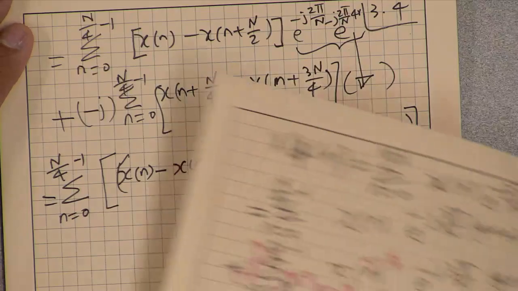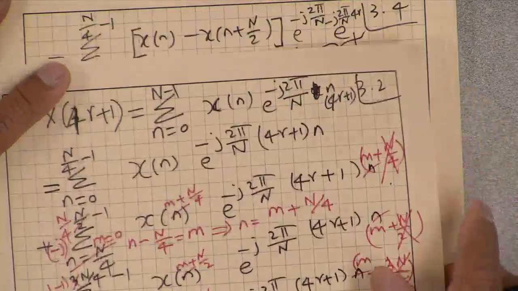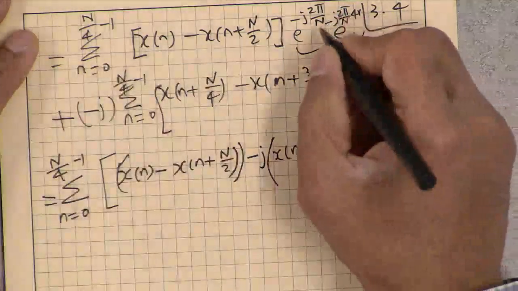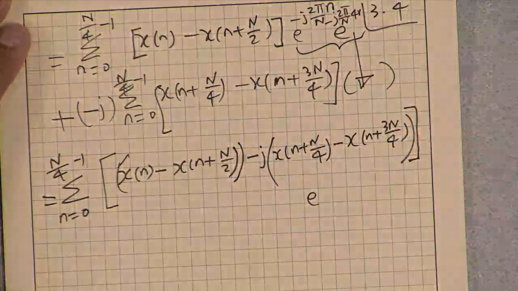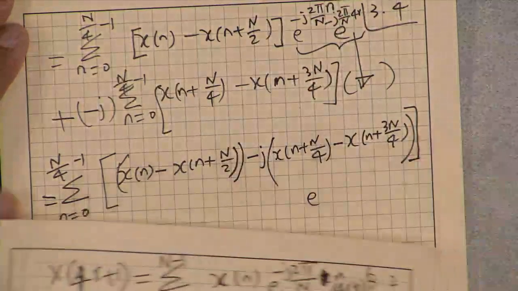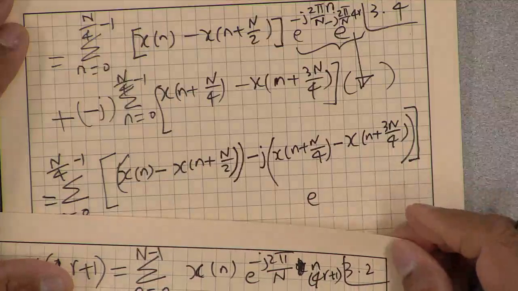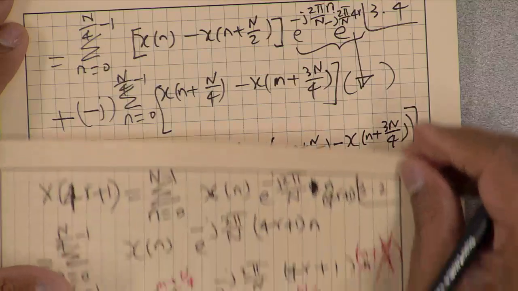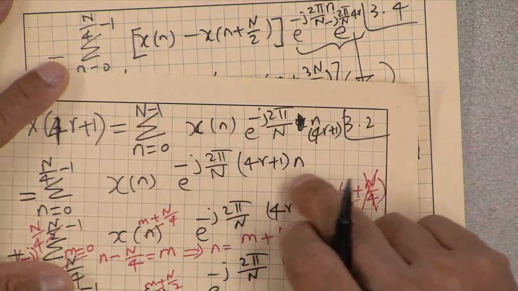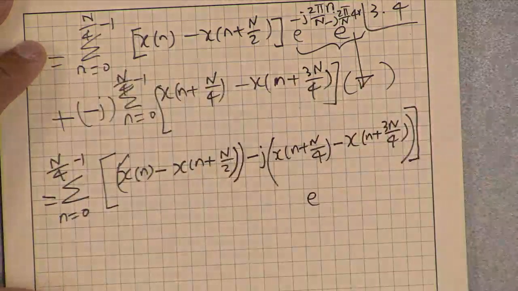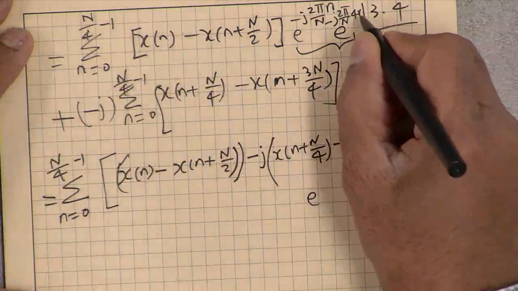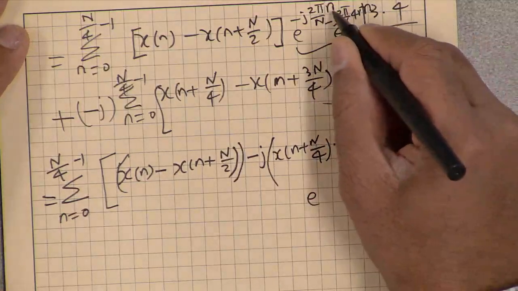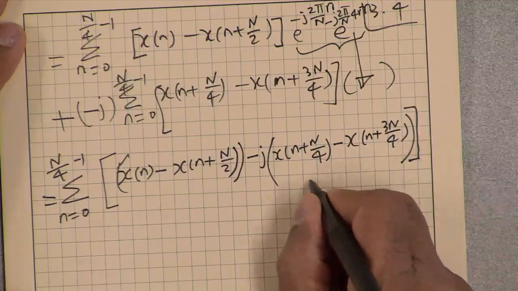Something else is missing here, that n that I had, and that is going to be 2 pi over n times n. So that n has to be there, 4r n.